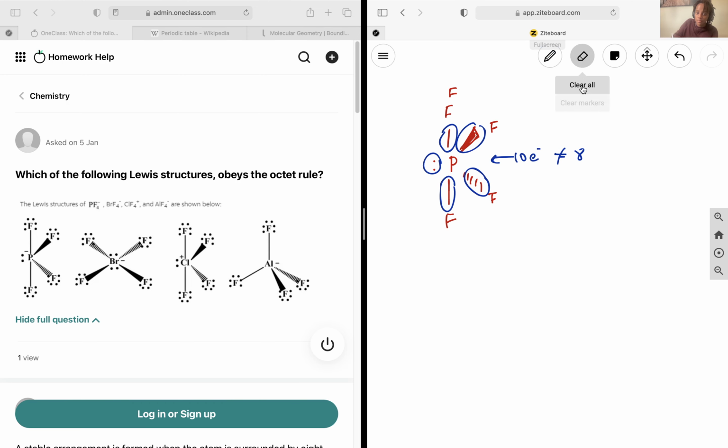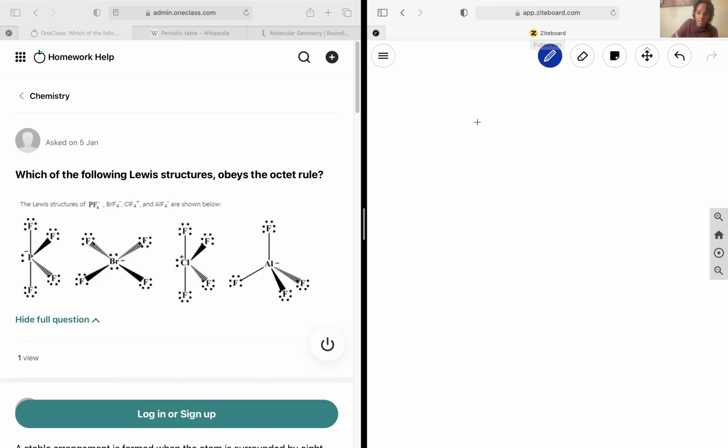Next up, we have this. I'm not really drawing out what's on the F's because I don't care about that when I'm counting if the central atom is obeying the octet rule.